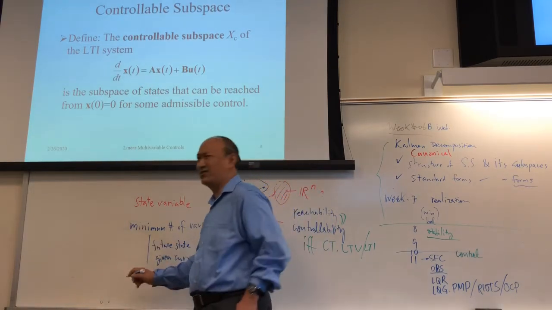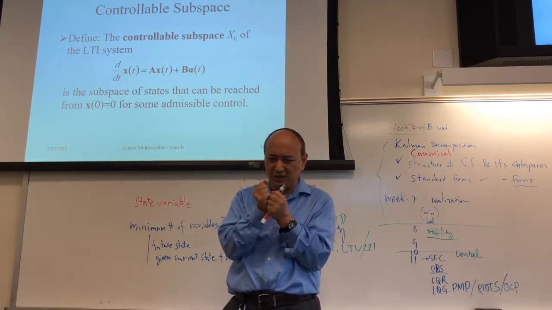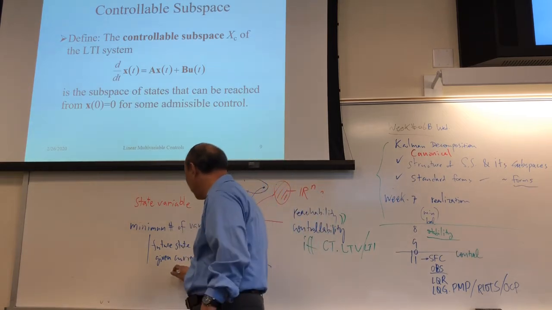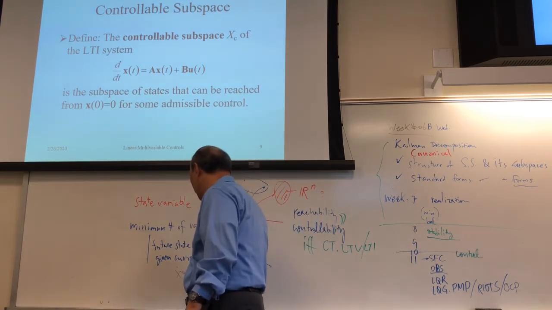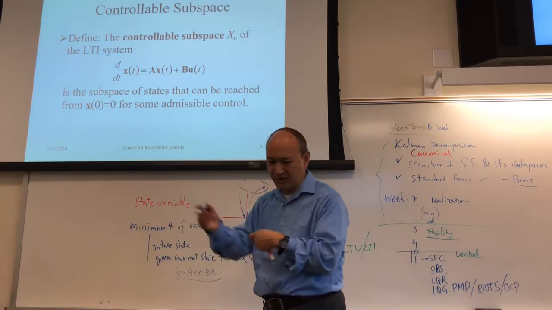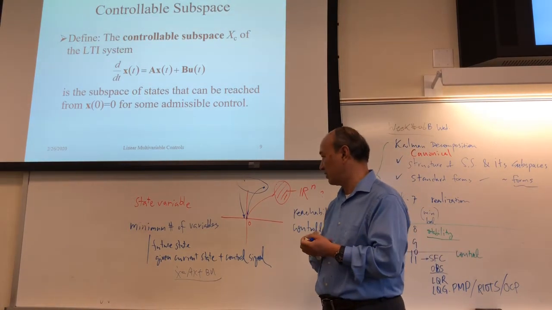That's very easy to understand. You want to know the future, so you base it on what you currently have. You know the trend, then you know the control, then you can know what's next. That's called the minimum number of variables.